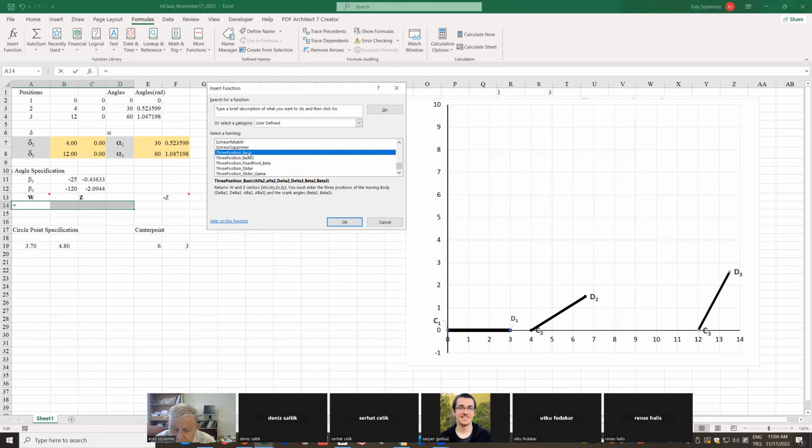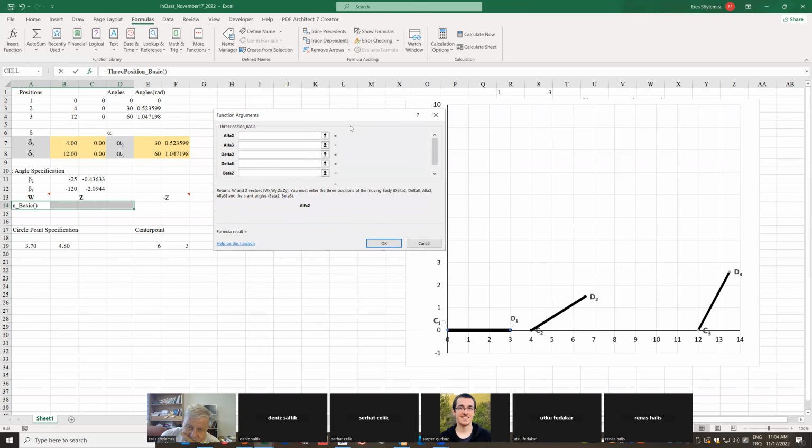You must enter the 3 positions of the moving body, delta 2, delta 3, alpha 2, alpha 3, and the crank angles, beta 2, beta 3. I think that's obvious, right? That's what is specified. Click OK. You have to enter those values. Keep in mind, angles must be in radians. Okay?